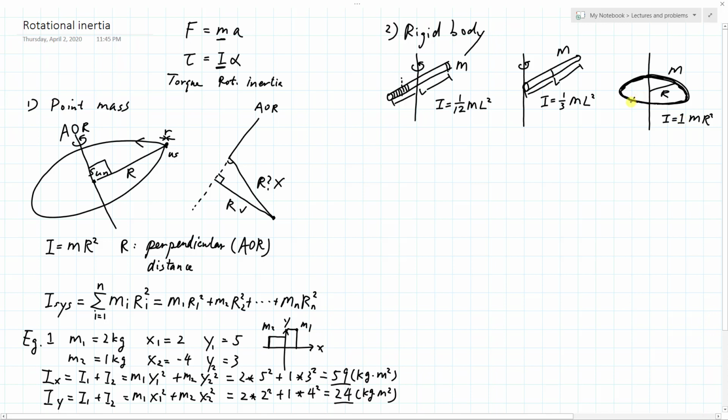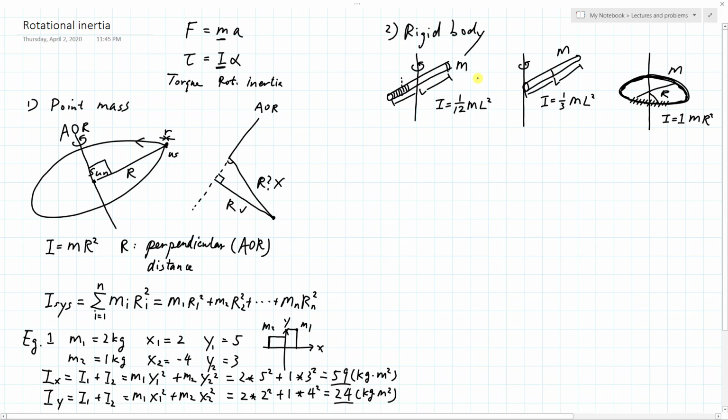Well, you can imagine cutting the ring into small slices, right? So how far is each slice from the axis of rotation? Exactly radius r. So all the slices you can make have the same distance to the axis of rotation, exactly r. That makes the sum just basically summing all the masses together, the small slices you cut into these little pieces.